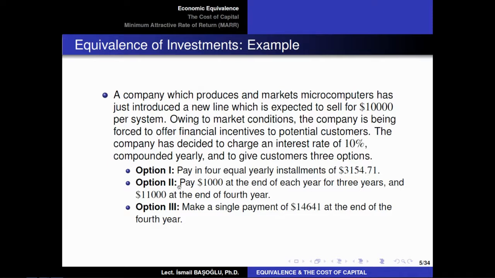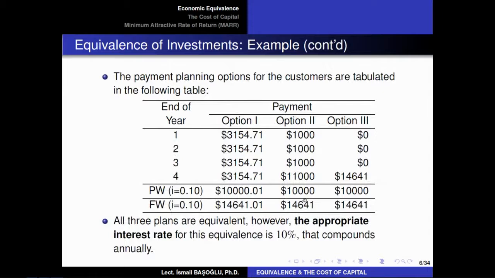In option 2, the customer may pay $1,000 at the end of each year for 3 years, and at the end of the 4th year, a total of $11,000 may be paid. In option 3, the customer can postpone the payment for 4 years, and at the end of 4 years, a total of $14,641 may be paid. Okay, so let's just tabulate these payment options.